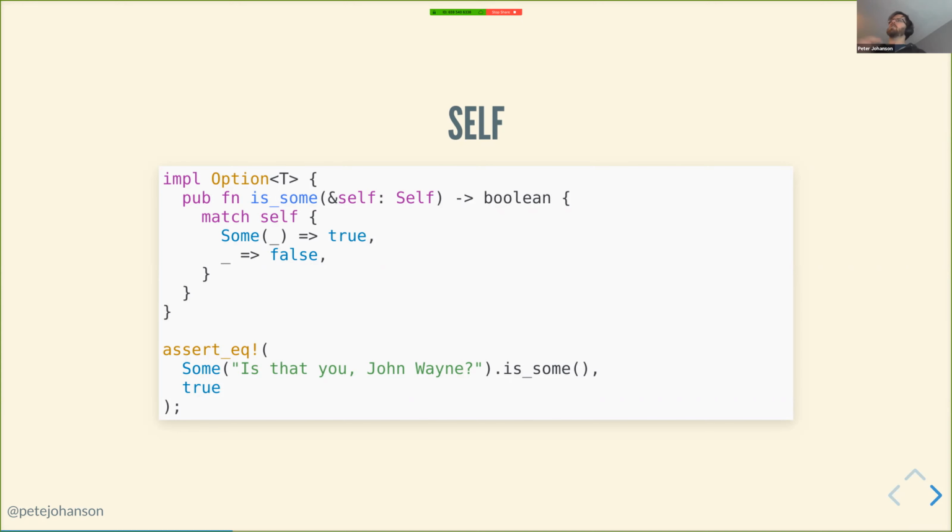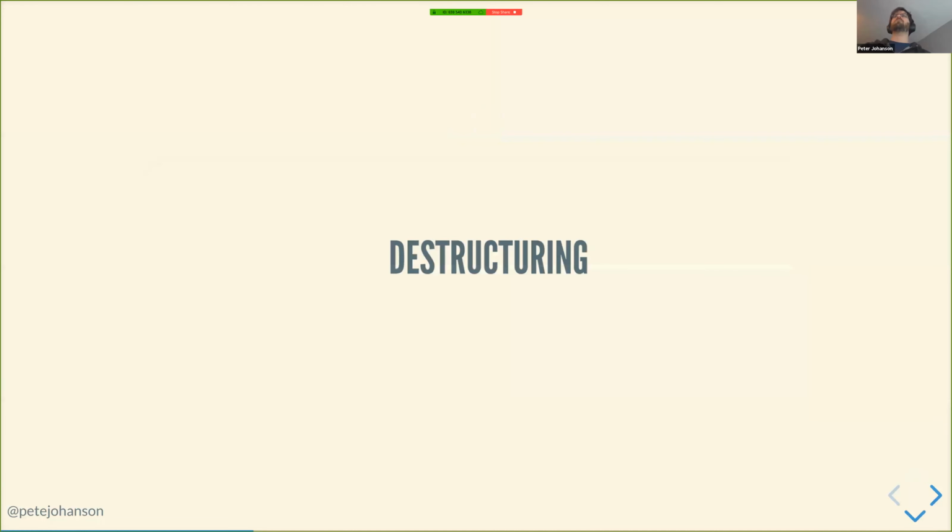Another nicety, in addition to things like type inference, is this concept of destructuring, which a lot of functional programming languages have. JavaScript has just started having it not too long ago, but with strong typing, with Rust, you get a lot you can do when it comes to destructuring, and you can use that behavior in a lot of different ways.